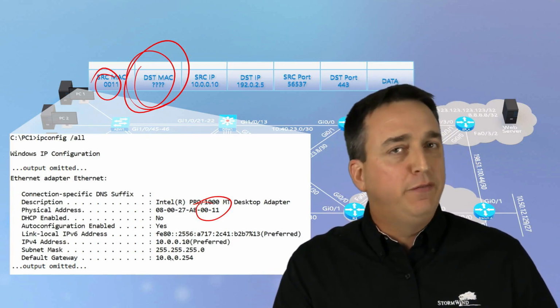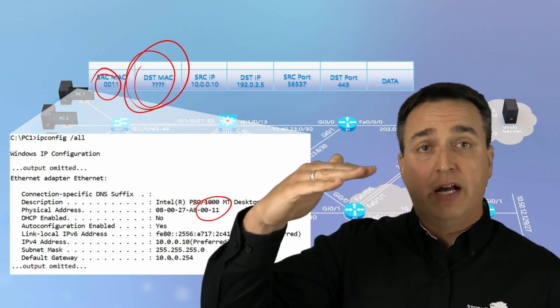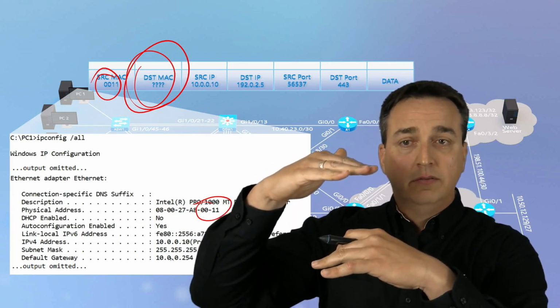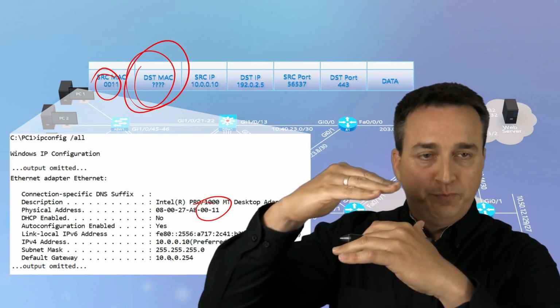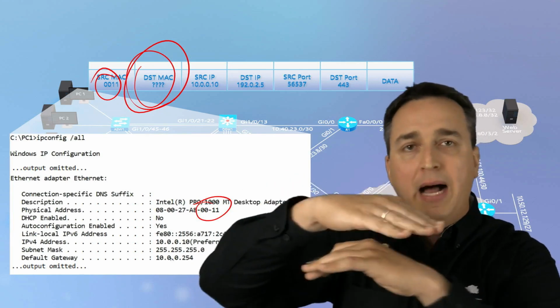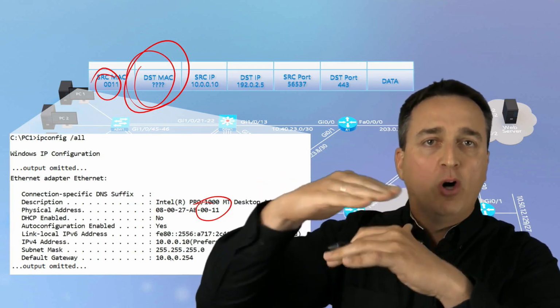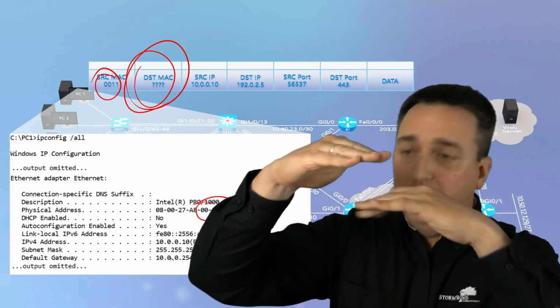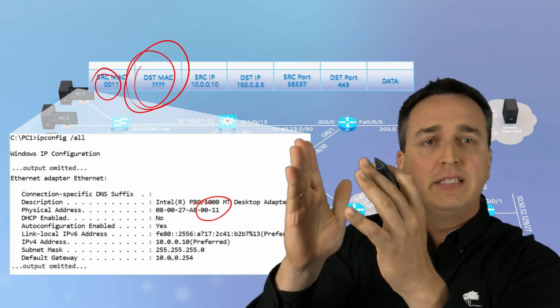And the way your PC figures that out is it takes its own IP address and its own subnet mask. And then it will identify, based on binary bits, its network portion. So taking its IP address and its subnet mask in binary, it figures out its network portion.